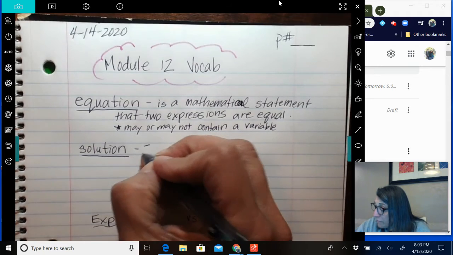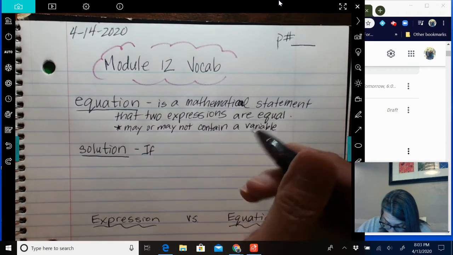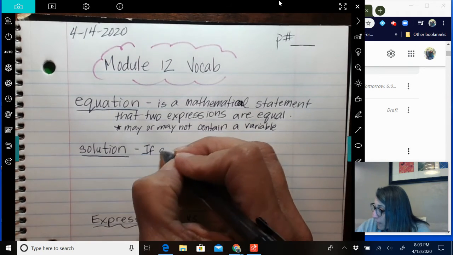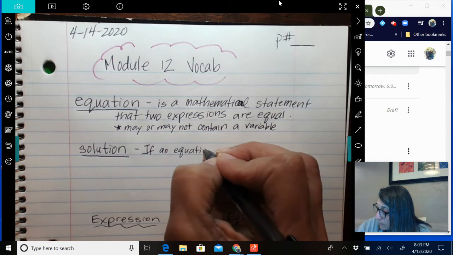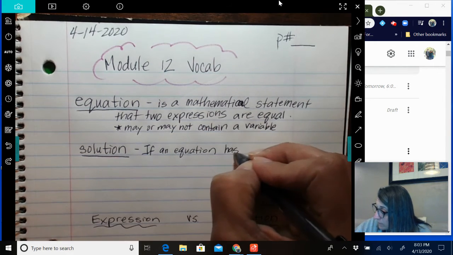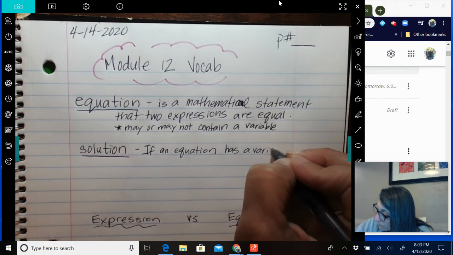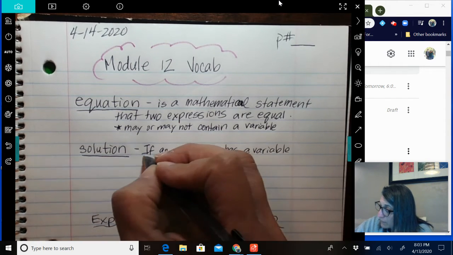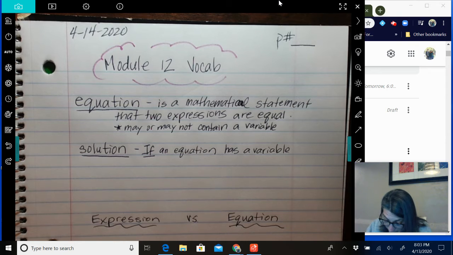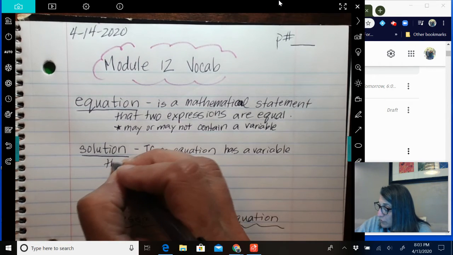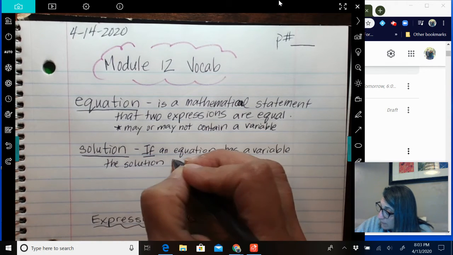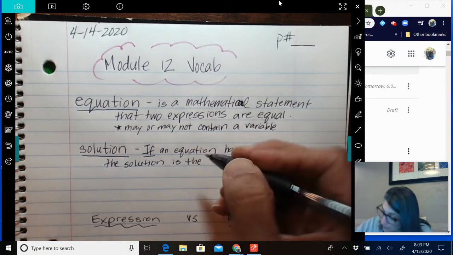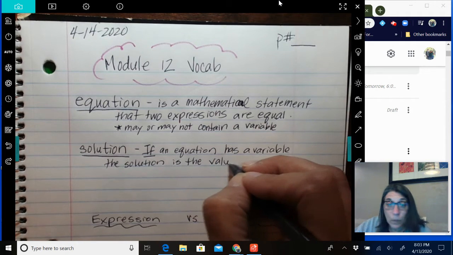So if an equation has a variable, okay, this is where solutions come in. If an equation has a variable, the solution is the value or number.